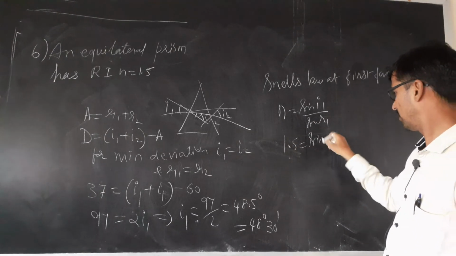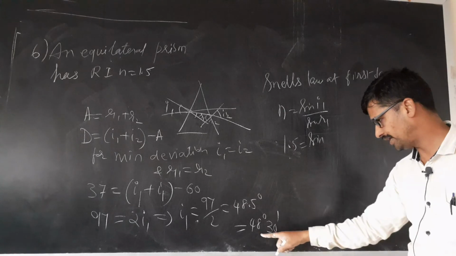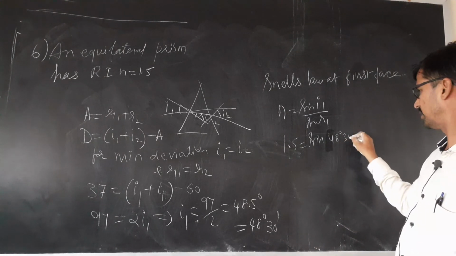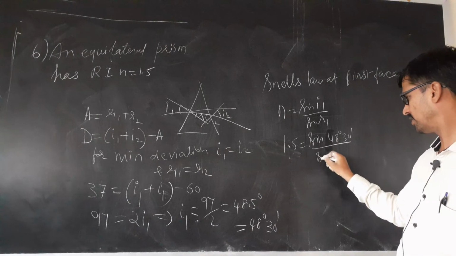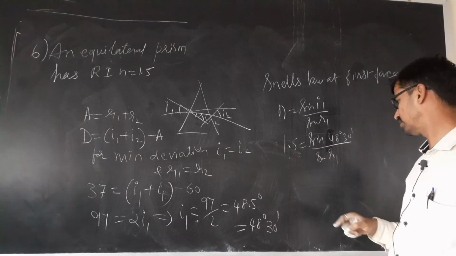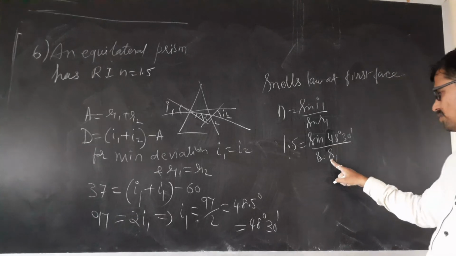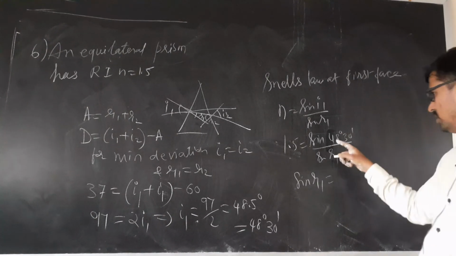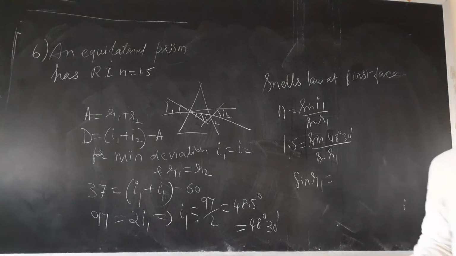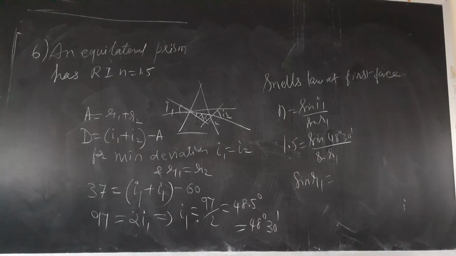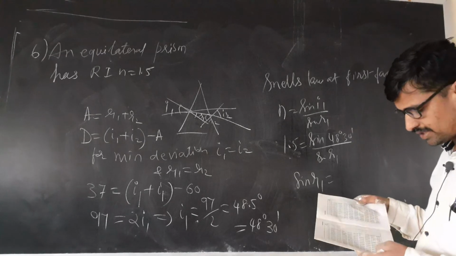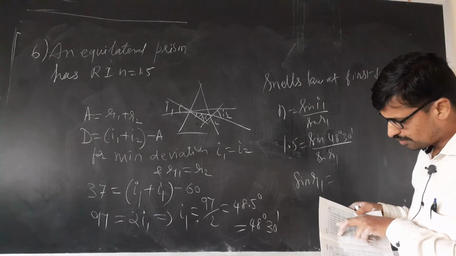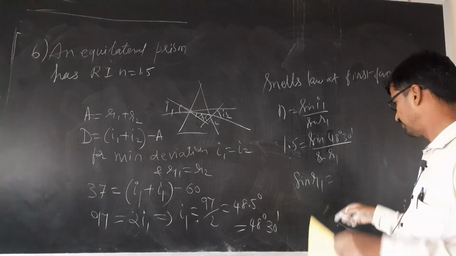I1 is known to us, that is 48 degrees 30 minutes. Sin R1 is the angle of refraction to be found. We will write sin R1 is equal to sin 48 degrees 30 minutes divided by 1.5. Sin 48 degrees 30 minutes is 0.7490.